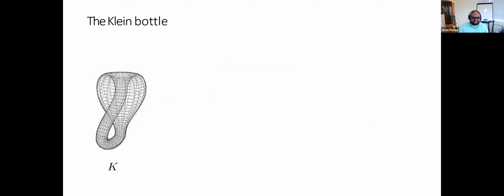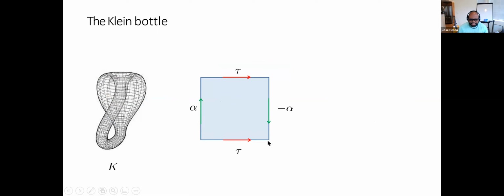Here's the Klein bottle. This is a very nice, very interesting space. The way you get the Klein bottle is similar to the torus. You start with a square, take the top edge, and paste it to the bottom edge. Again, you get the cylinder. But then you paste the left edge opposite to the right edge.